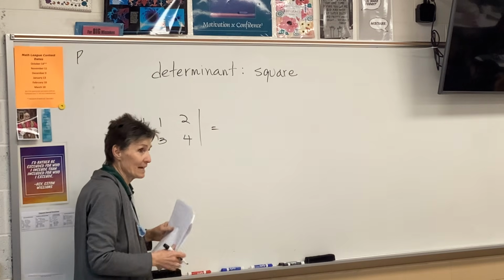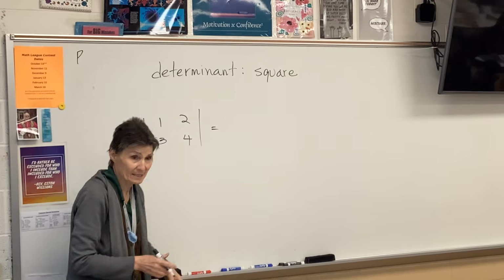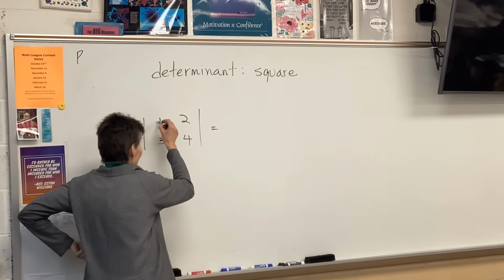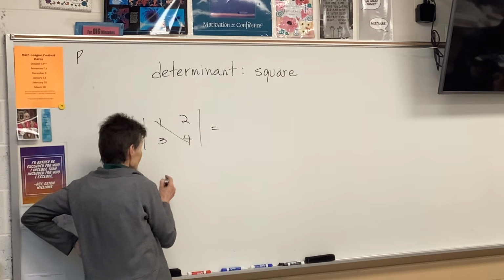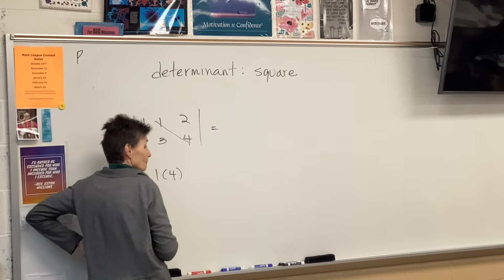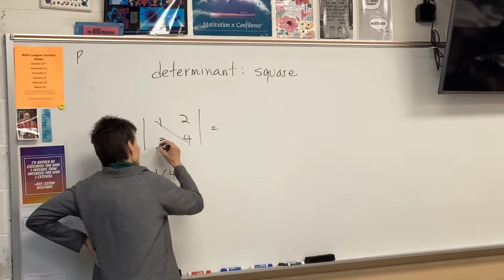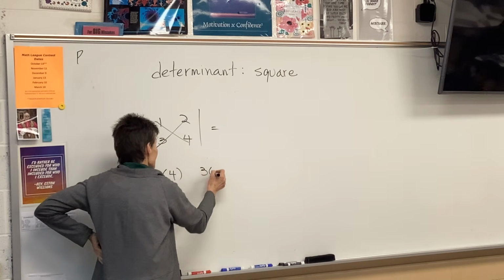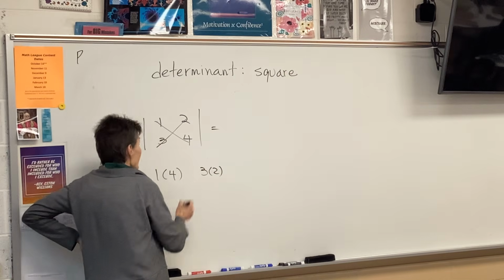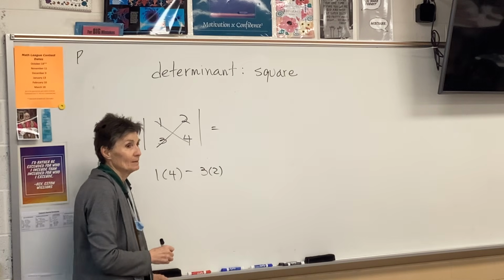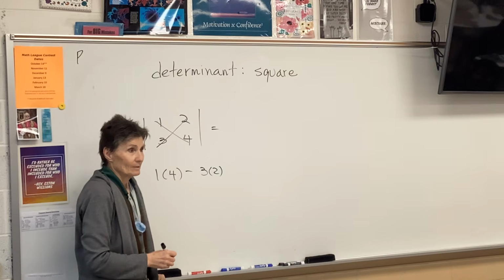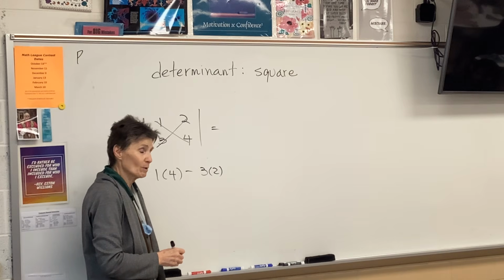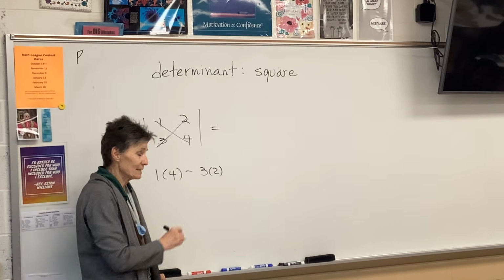How do I find that number? Well, it's very, very easy. You multiply these two together, so 1 times 4. You multiply these two together, so 3 times 2. And then you subtract them. This is not matrix multiplication; we did that already.